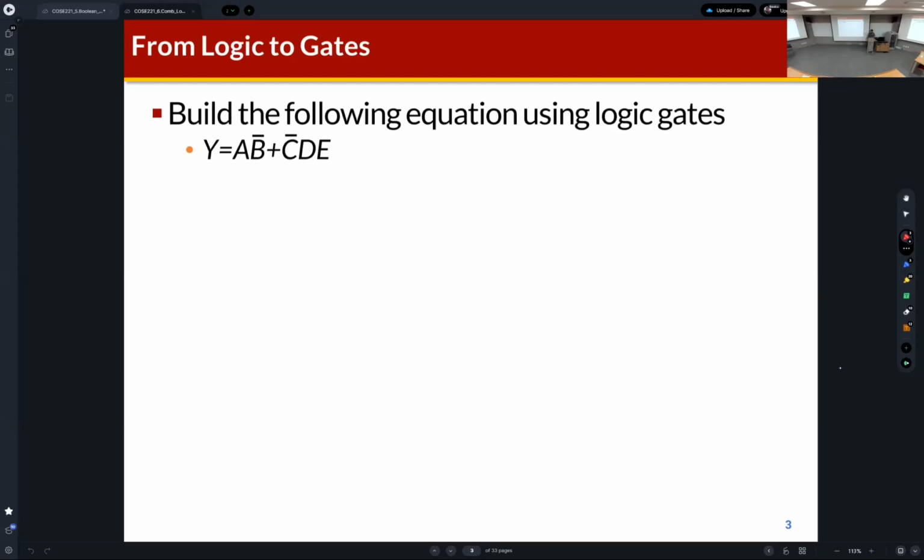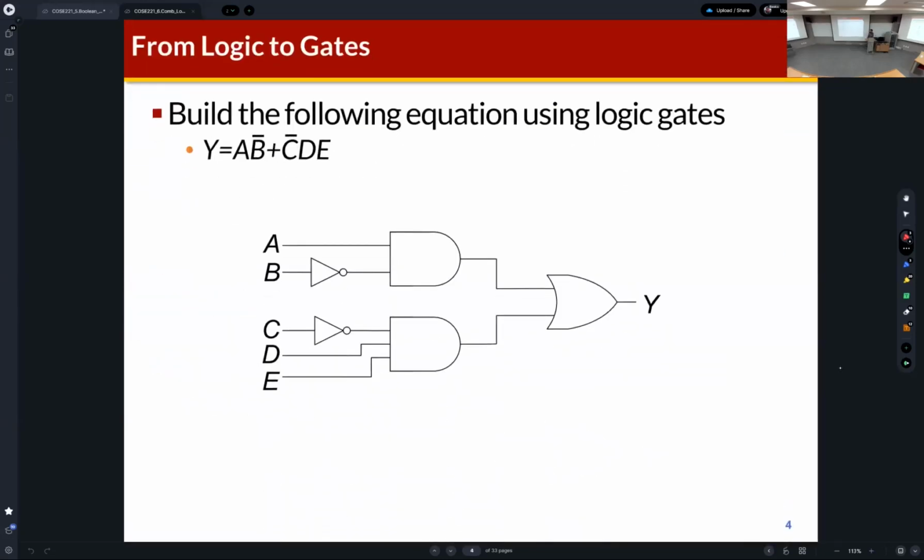So which means we can just implement it, just write it. This figure is called a schematic.